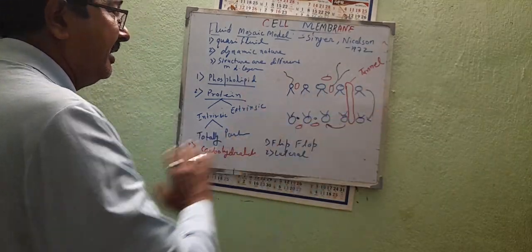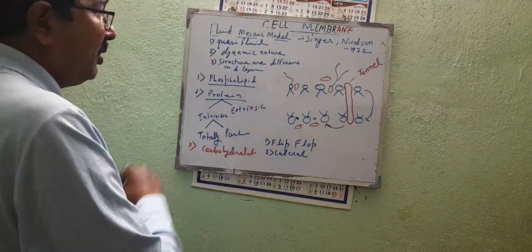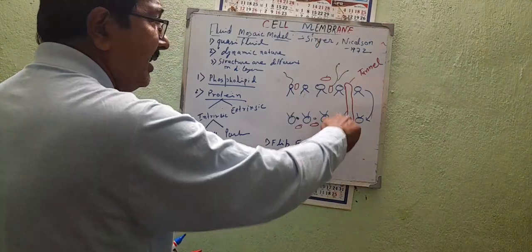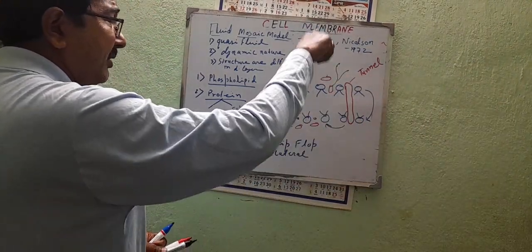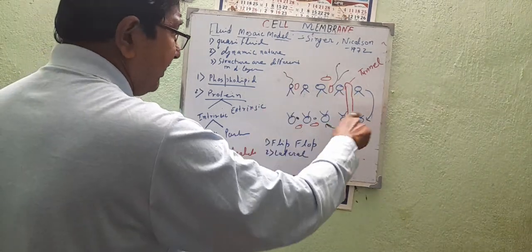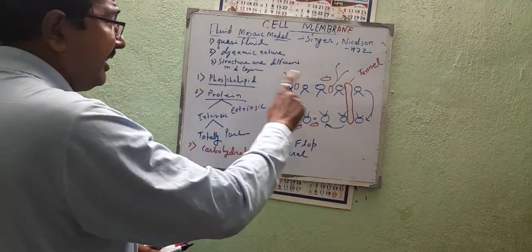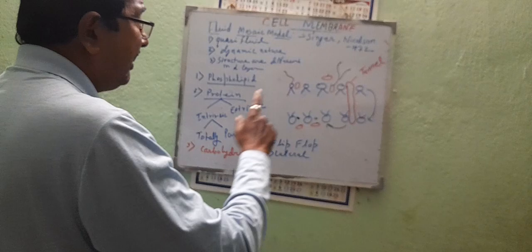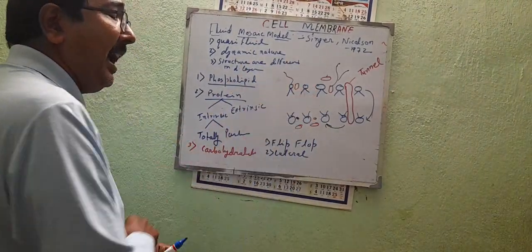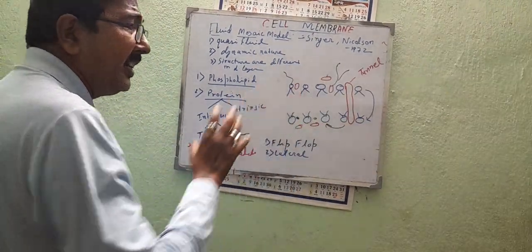That's about the structure of the fluid mosaic model, and this model is well accepted because its properties show semi-permeability. Tunnels are there, and water soluble and lipid soluble molecules can pass through. Because of the movement of the lipid, the ratio of lipid and protein changes, so that property is also maintained, and the membrane is not rigid.